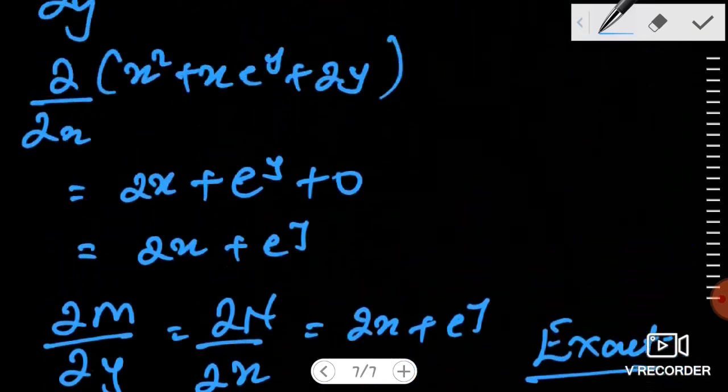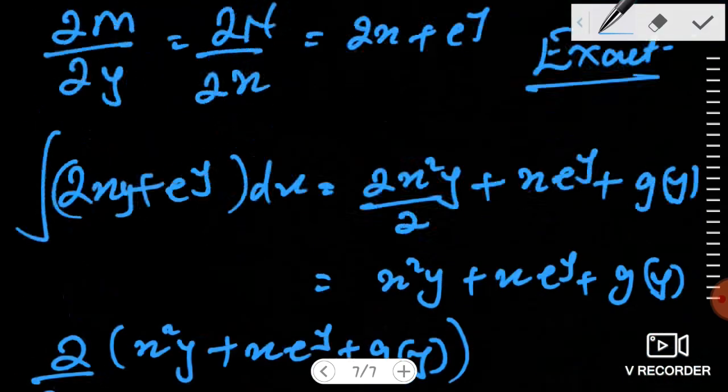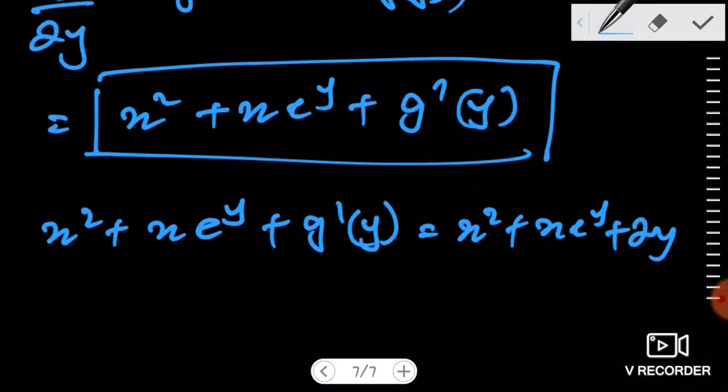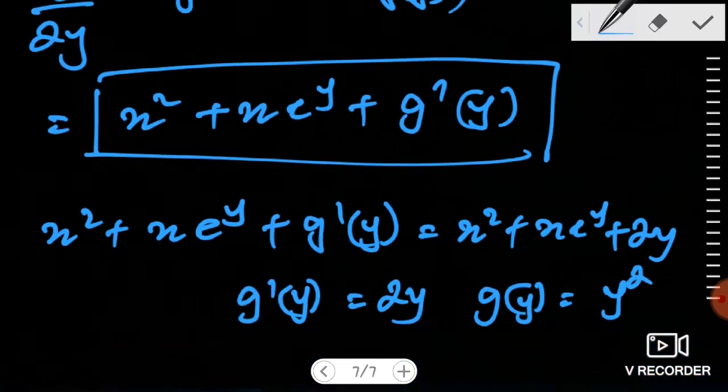If we compare, that means that d prime of y is equal to 2y. That means that d of y is 2y squared all over 2, which is y squared, right?